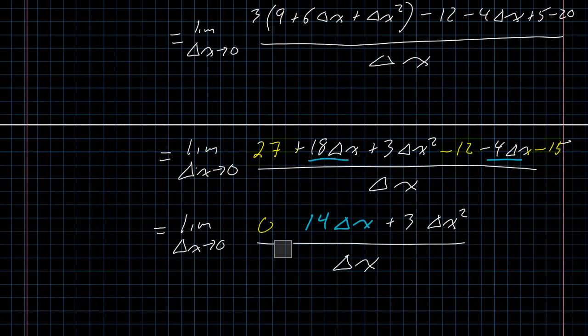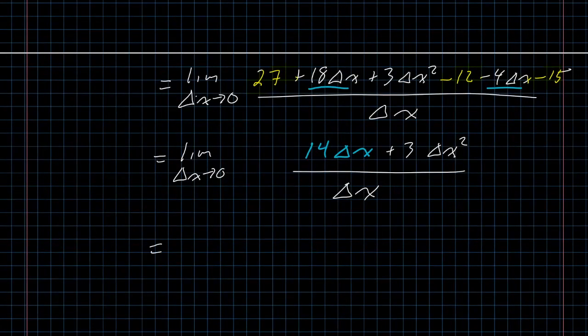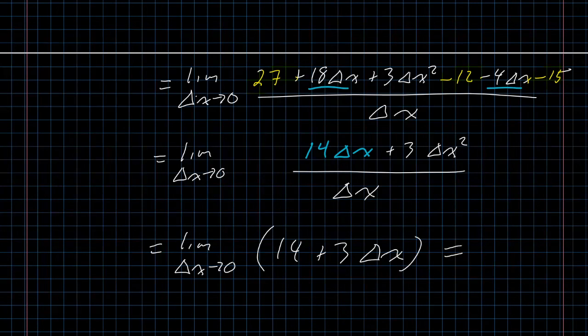That 0 in front kind of just goes away. Now I can reduce this fraction by canceling out some delta x's. And as delta x goes to 0, that term goes to 0, and we're just left with this term, which is 14.